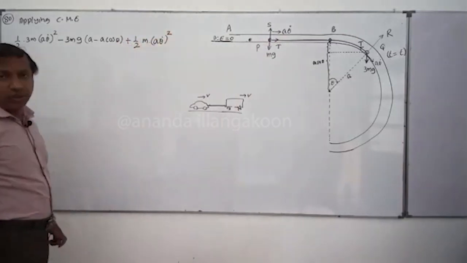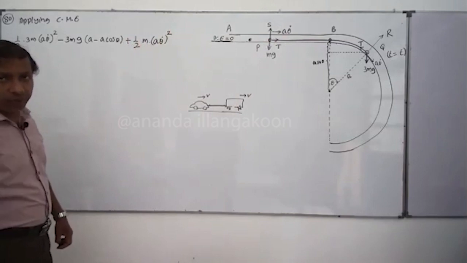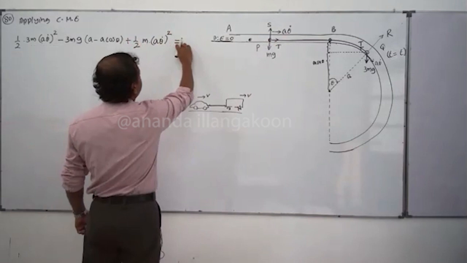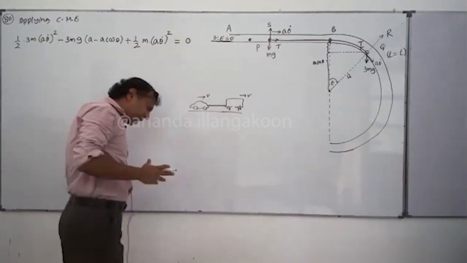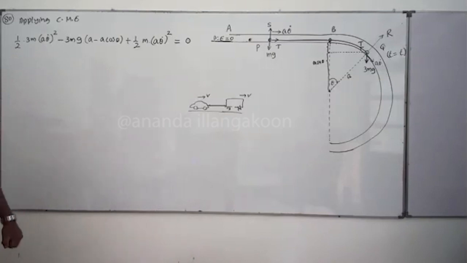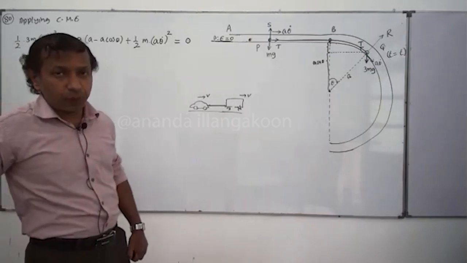Velocity is v equals r omega, where omega is theta dot and a is the radius. This is equal to the initial energy, not velocity, people. Initially the velocity is 0, therefore no kinetic energy. Initially they are at the AB level, so no potential energy, 0.